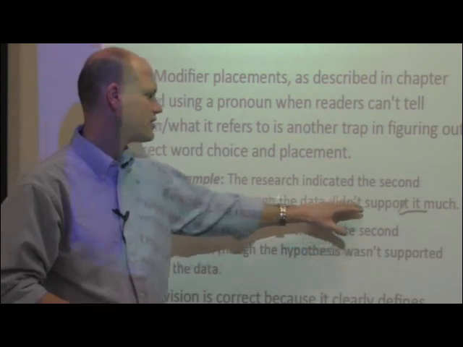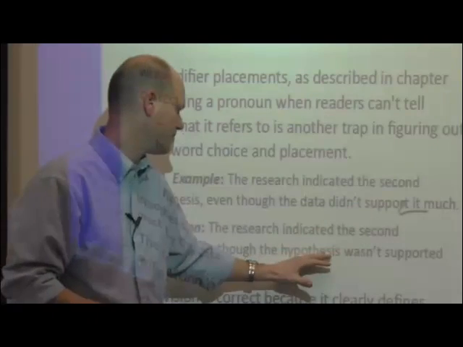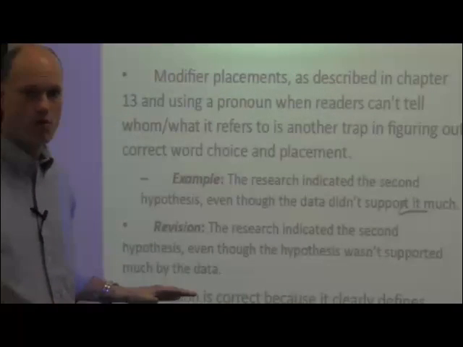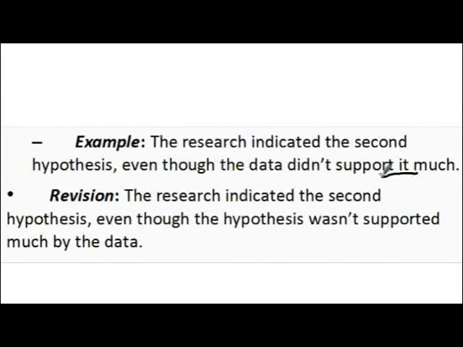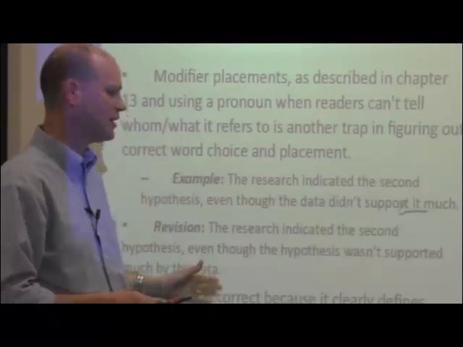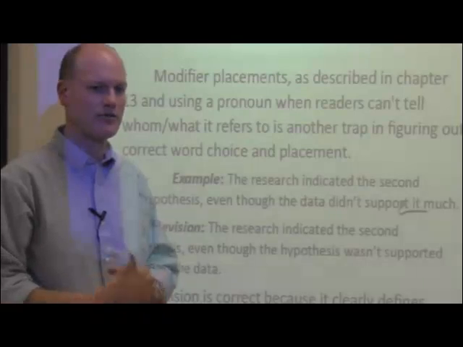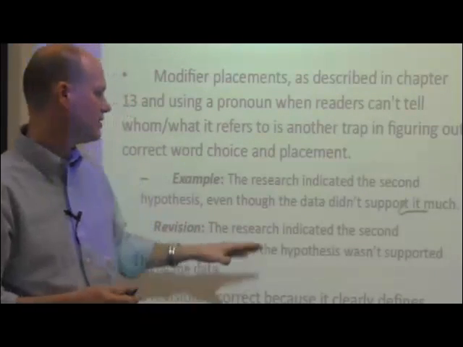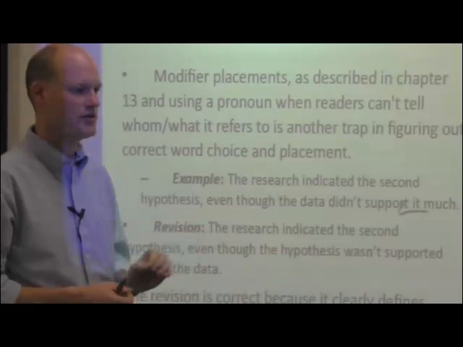So given a choice where you have a sentence like that, it can be switched around to make it more clear, for example: the research indicated the second hypothesis, even though the hypothesis wasn't supported much by the data. You want to choose the one that's going to clarify your modifiers, words like "it." All right. So a little bit different than what we talked about in the earlier chapter, making sure the modifier is close by. You want to keep that in mind.